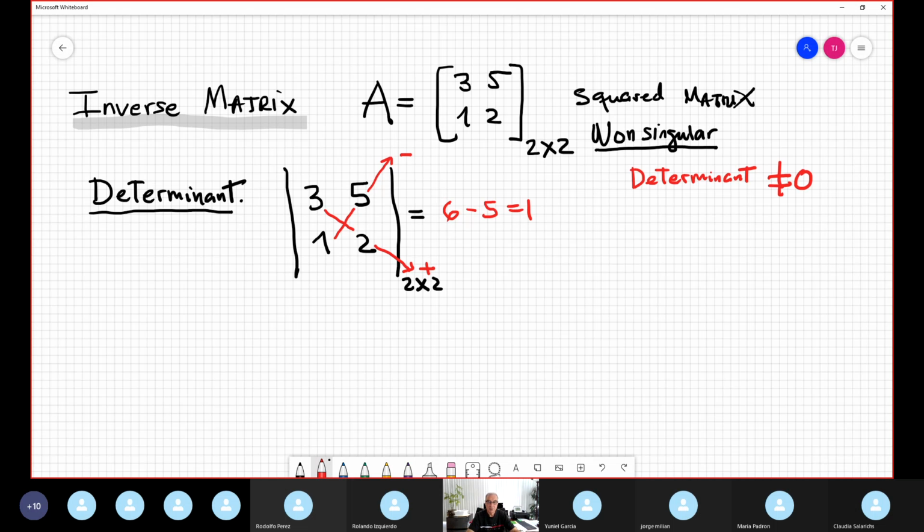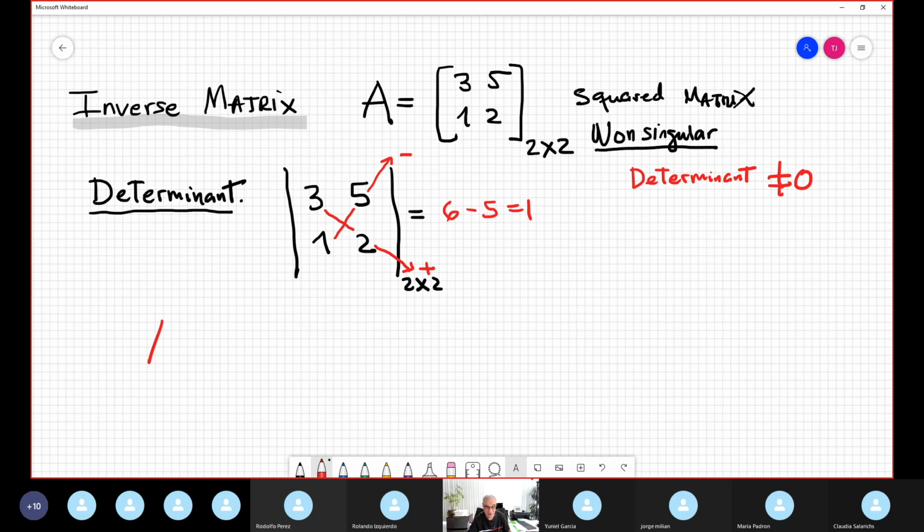Super. The 2 conditions are satisfied, because our original matrix is a square 2 by 2 and it's non-singular because the determinant associated with the matrix is 1, it's not 0. So the conclusion is that the inverse matrix exists.